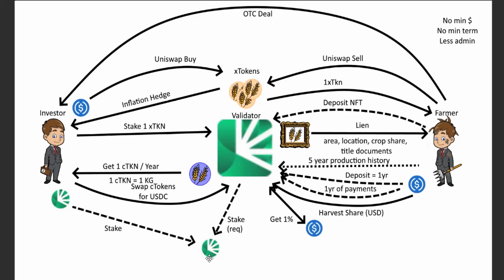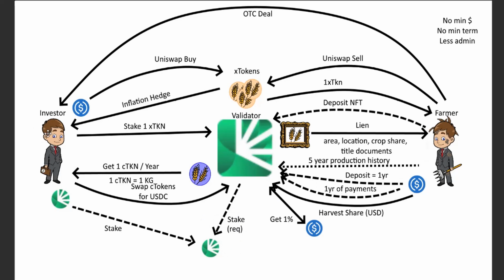I'm hoping that they have to buy them so that they can maintain the price of this. So if you want to be a validator, you need to have staked tokens, and these can be slashed. It doesn't quite say, but I asked some questions and they say it could be slashed, but there are all these safeguards, right? There is this contract here of the property, there's this deposit of 1 year, this deposit of a second year. So the chances of this actually getting slashed are pretty small.